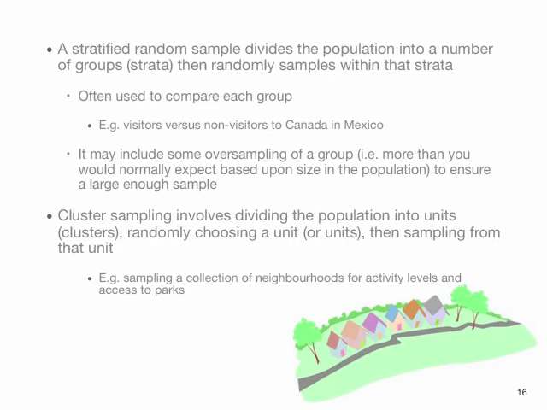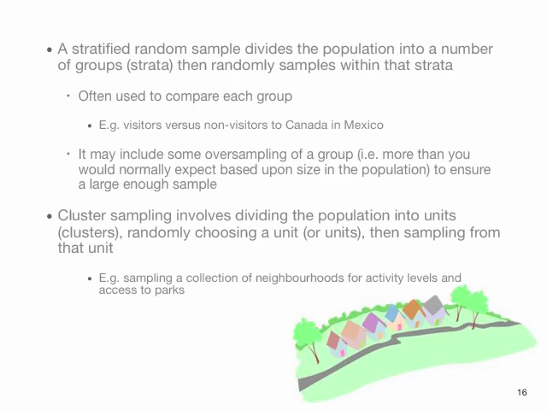Now, at times you may actually have to do what's called oversampling of a particular group, because you need a large enough sample to do analyses on. If you were to go strictly based on proportion, say there's one of these people in every 5 of the population, well, you may have to talk to more than that in order to get enough people for your research.